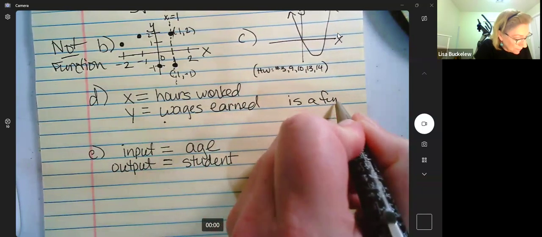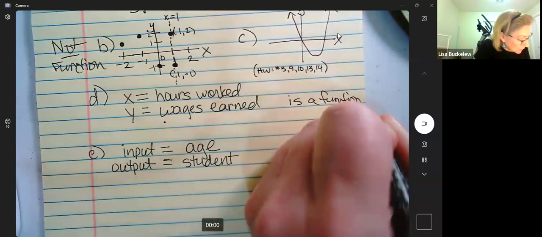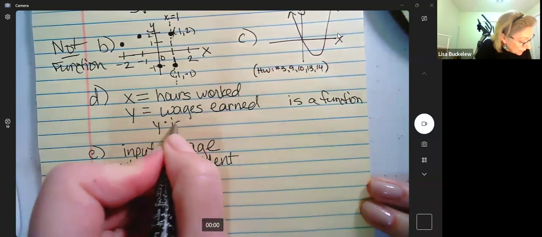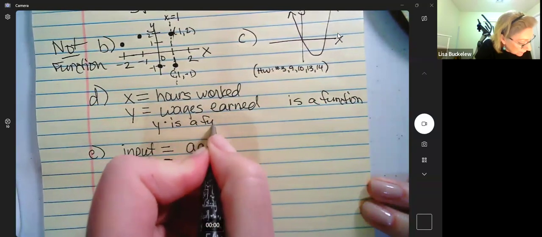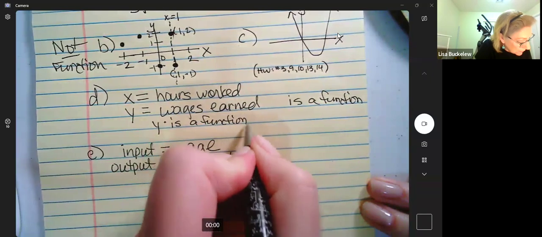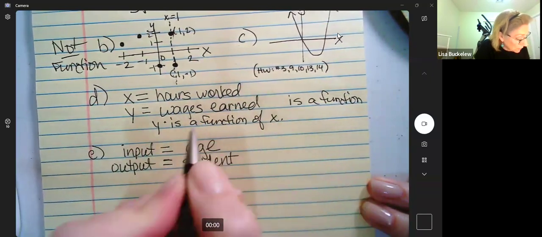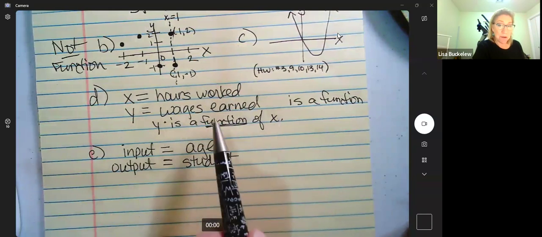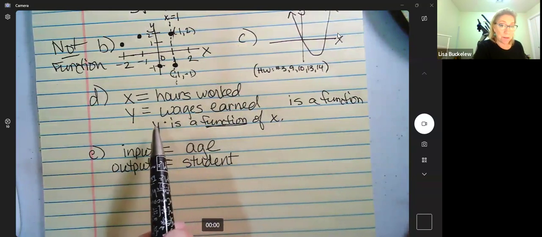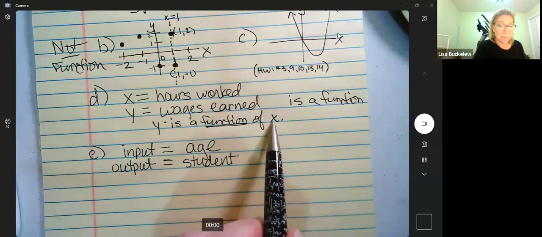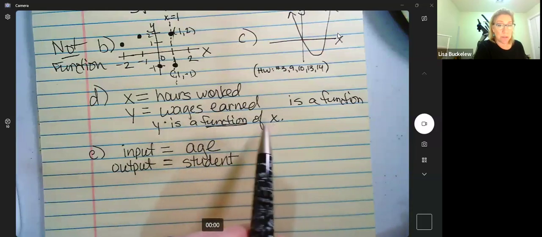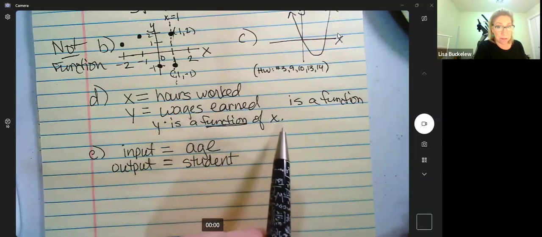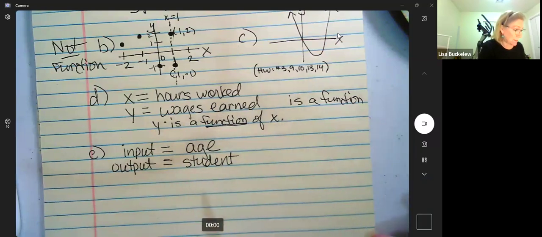And specifically, we would say y is a function of x. So sometimes it's a one-directional thing. In this case, you have to know x first, and then you can figure out the y once you pick x. So y depends on x, so we say y is a function of x. Okay, we'll come back to that in a minute.